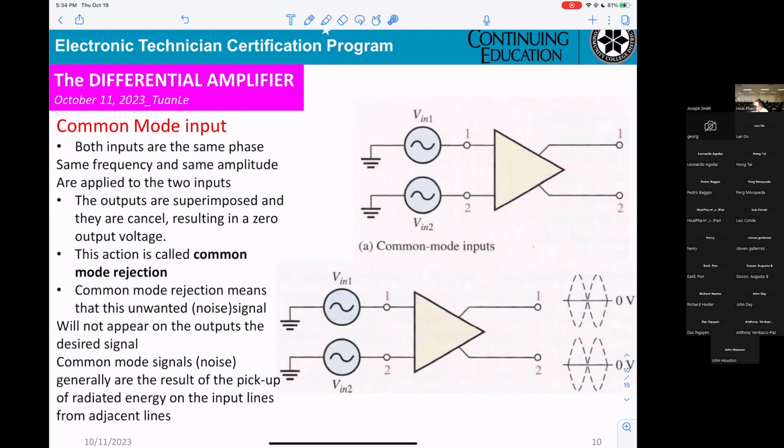The thing is, the noise basically comes from the outlet, radiation signal.